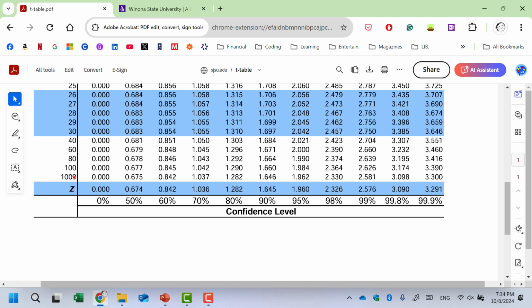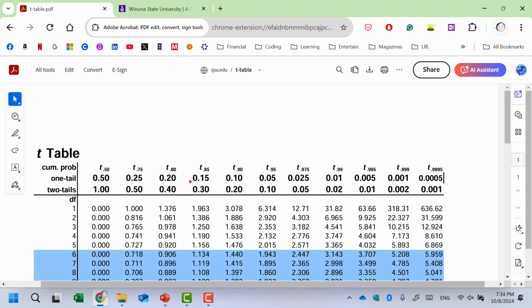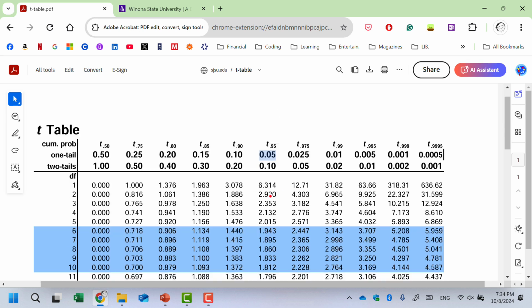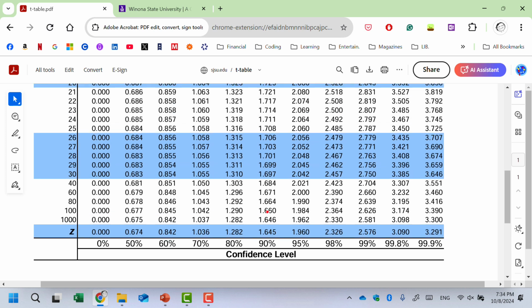You can use 1000, because the number doesn't change that much. So our case is the 95% one-tail case, and the degree of freedom is about 1000. So you can tell the critical t will be 1.646.